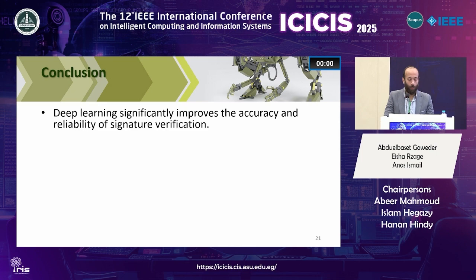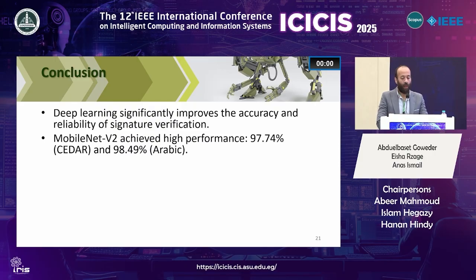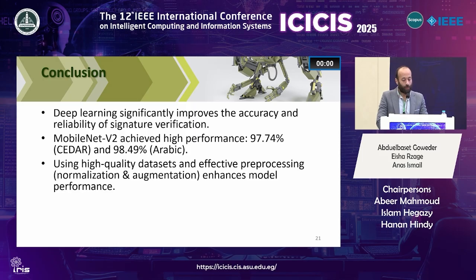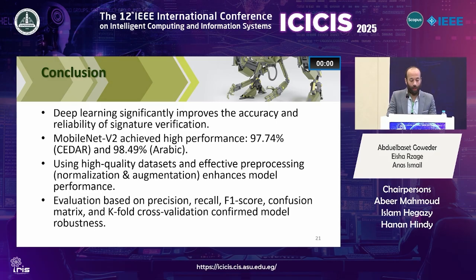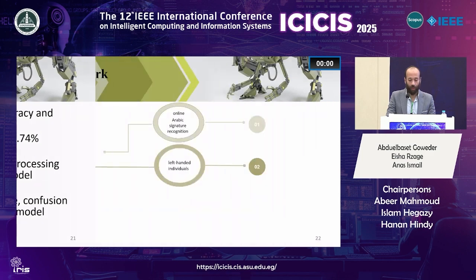Yes, so to conclude, we used a deep learning model, namely convolutional neural networks, for signature verification. We had high accuracy results, about 98.5. And we did a lot of data pre-processing and augmentation to train the model. And we evaluated the model using all the known metrics, but I didn't include everything in this presentation.